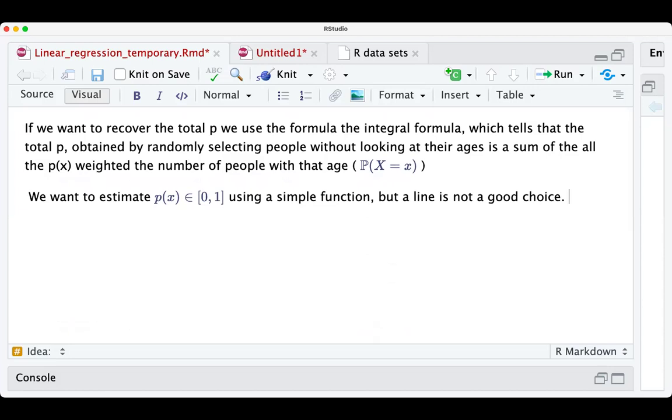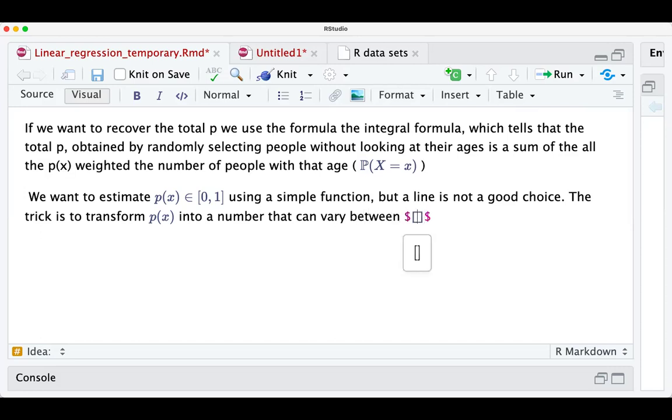We will use a line, but not on p of x. So the trick is to transform p of x into a number that can vary between minus infinity and plus infinity.